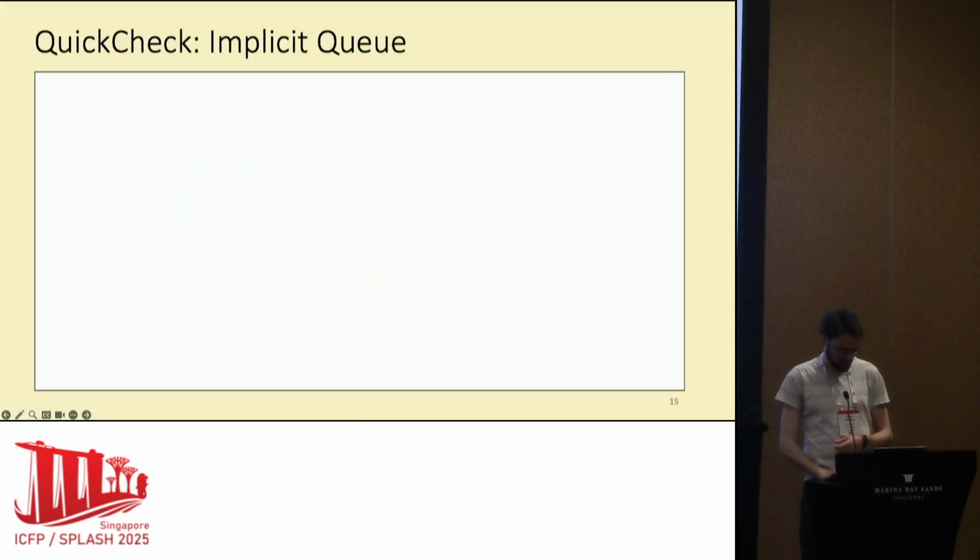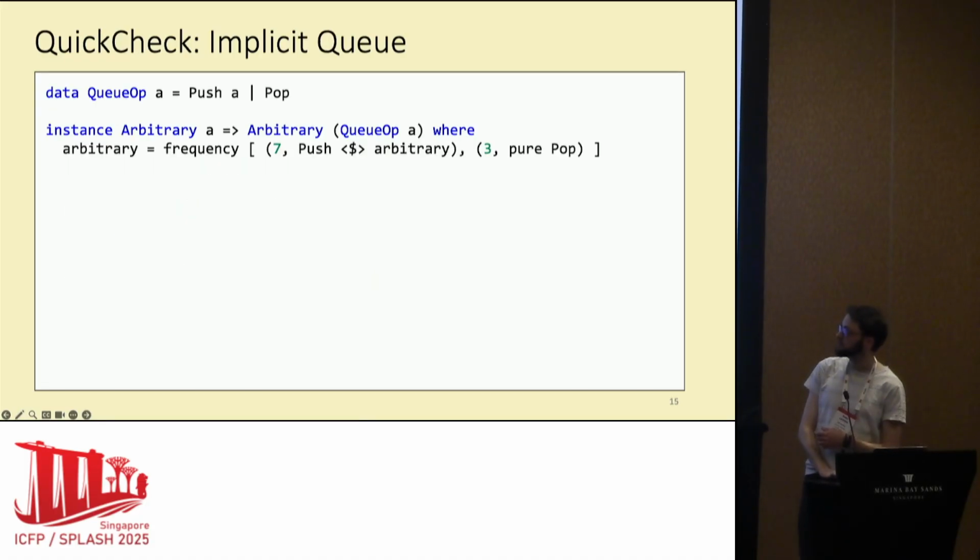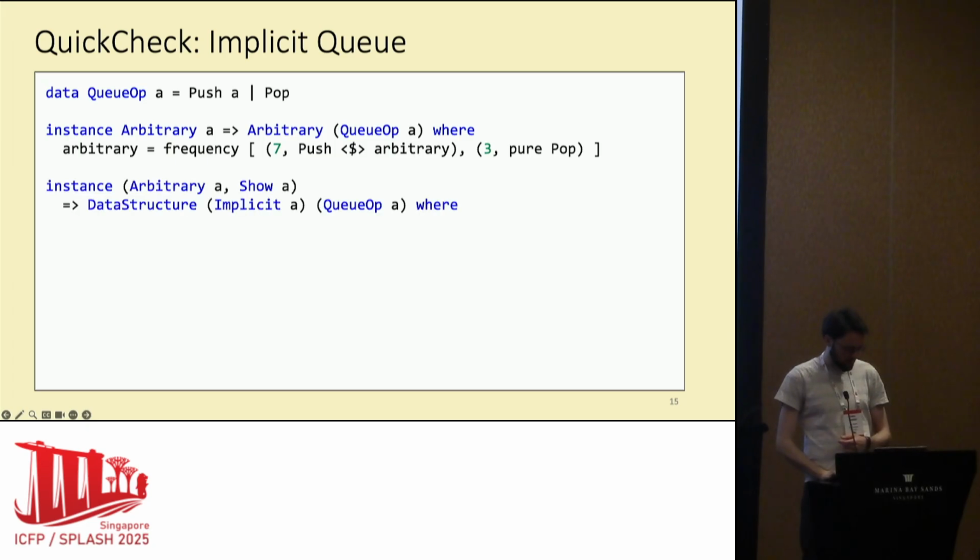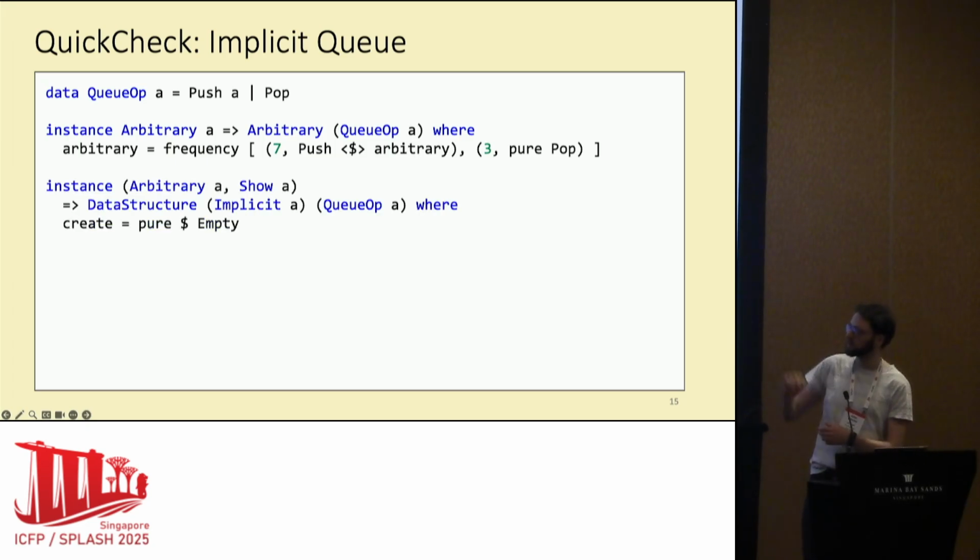So let's look at this for this example. The operations I have are pushing and popping. I can push one element, and I'll create a QuickCheck instance that creates a bit more push operations than pops, so that my queues kind of grow over time. My implementation will be to create: I just create an empty queue.